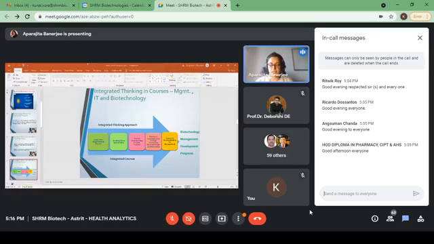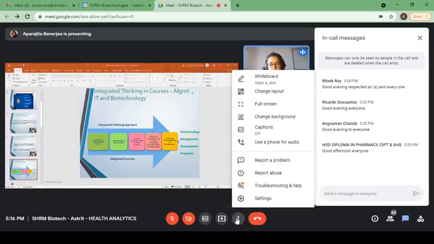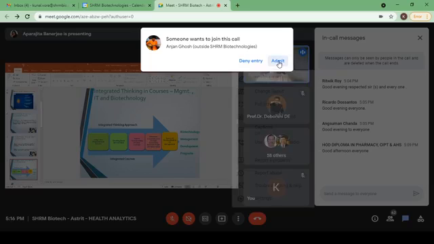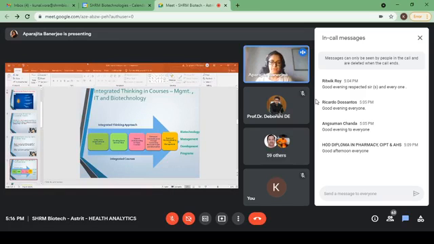This particular slide gives you an idea of how the micro-credential courses, or the integrated courses that we'd like to call it over here, employs the integrated thinking approach in the development of the biotechnology management development programs.